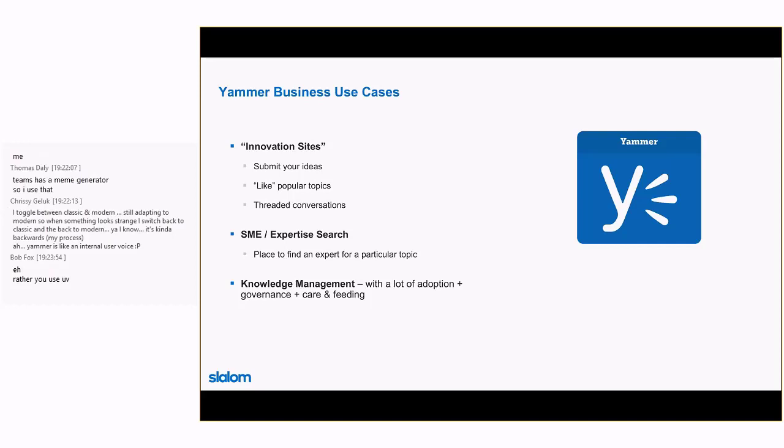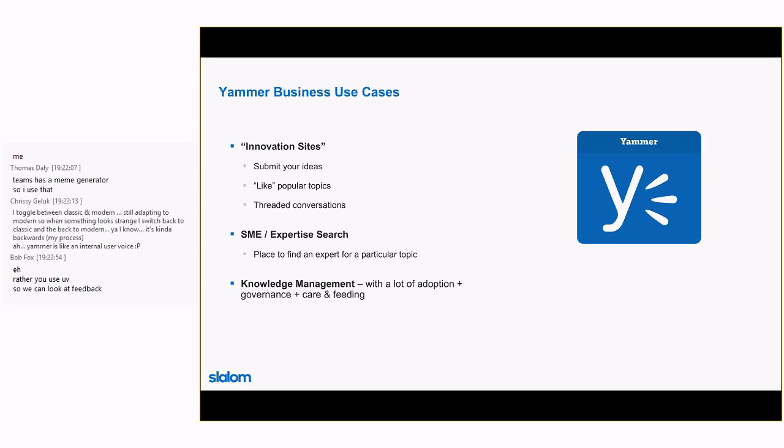I've seen that with the right amount of governance and the right amount of adoption, people are able to perform that expertise search within Yammer, assuming that properties are filled out and that the groups and learning areas are set up that people can connect with to find those experts.